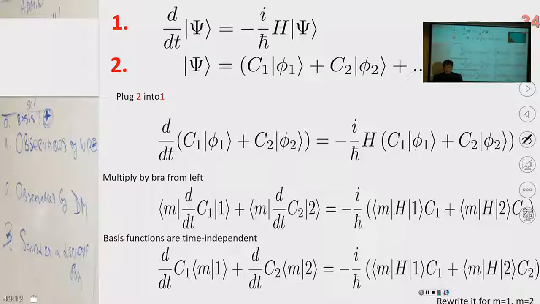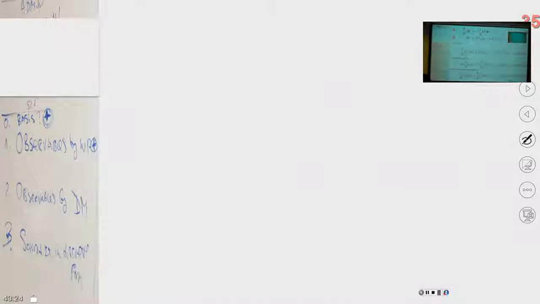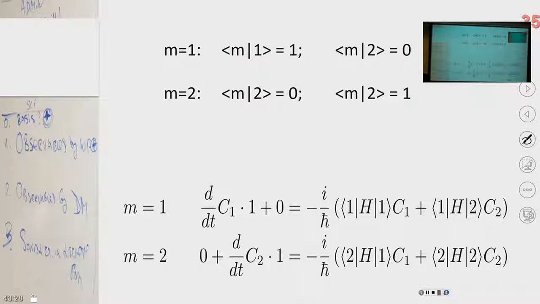What else is left? Plug in specific values of m. And in our case, we can plug m equals 1, m equals 2, and see how this equation will change. So if m equals 1, then this convolution becomes 1, second convolution becomes 0, right?